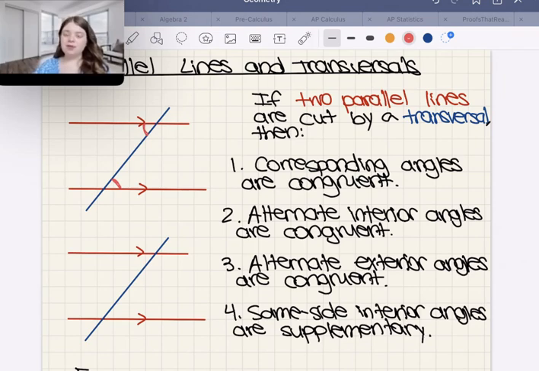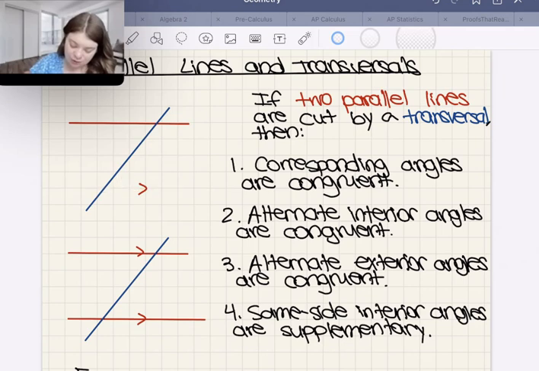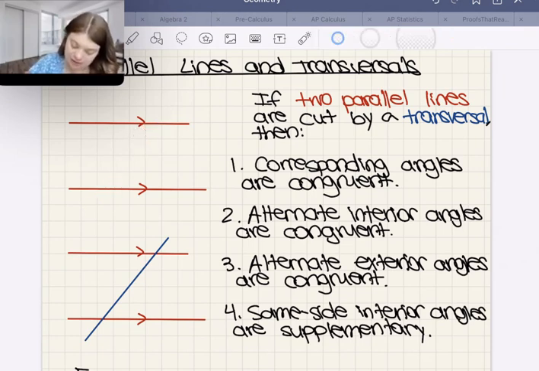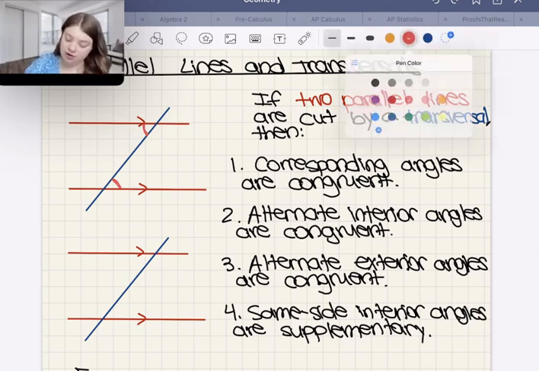Now that brings us to the third one, which is alternate exterior angles. For alternate exterior angles, they're quite similar to alternate interior. Except they are, rather than being interior, they're on the exterior.